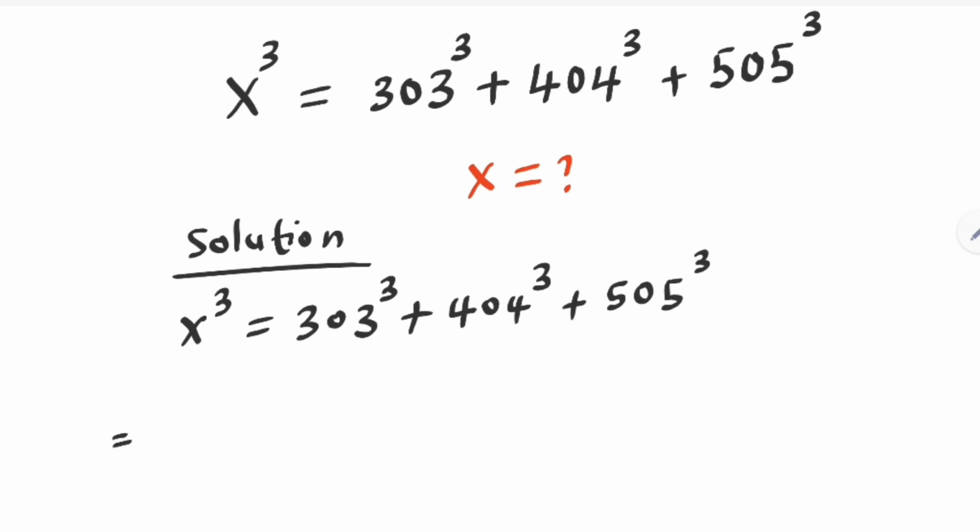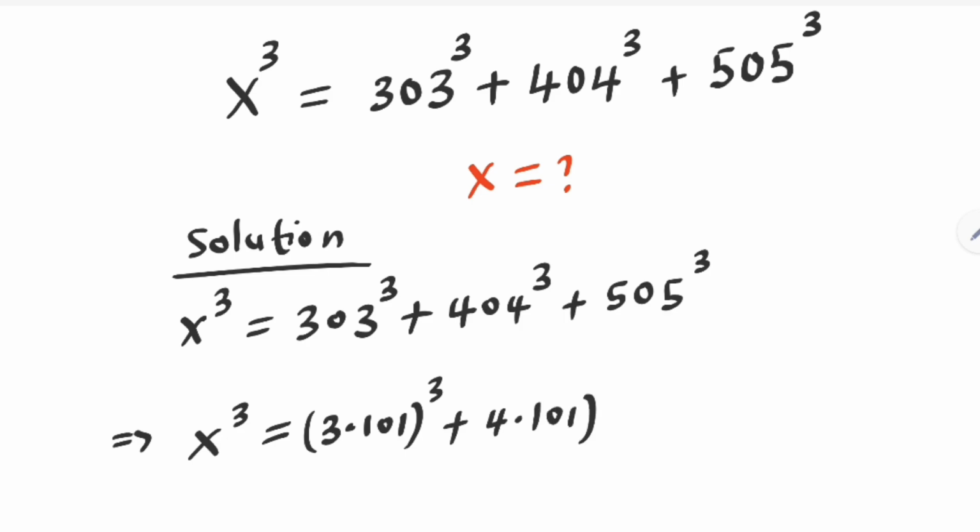Then x raised to power 3 is equal to 303 raised to power 3 can be written as 3 multiplied by 101 raised to the power of 3 plus 4 multiplied by 101 raised to the power of 3 plus 5 multiplied by 101 raised to the power of 3.